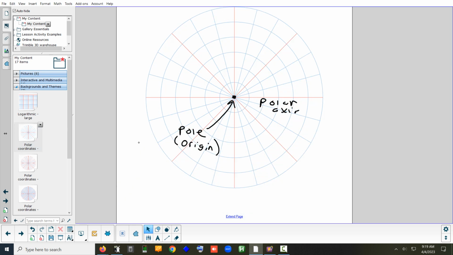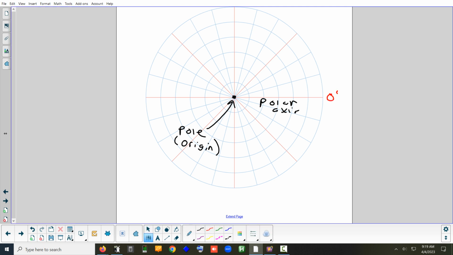Now, there's lines that come out from the pole to the edge. And these lines, in my graph, occur every 15 degrees. I'm not going to label them all, but generally you have some type of lines that come out from the center.